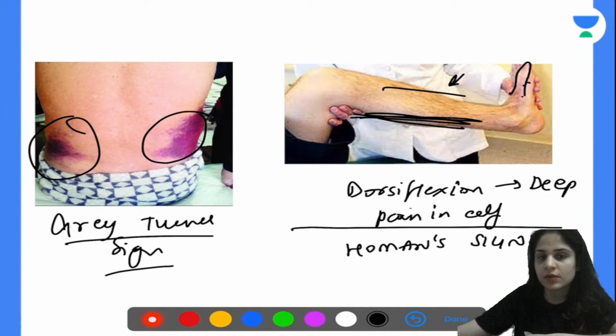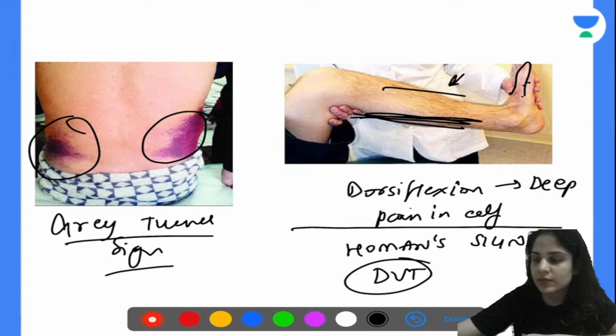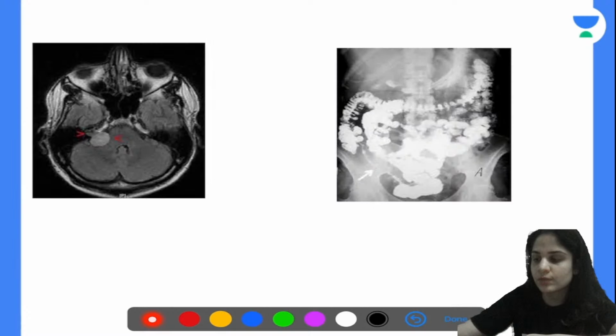All right. Now next, this is the CT scan of a patient, and you can see there is a tumor at the 8th nerve. This tumor is called an acoustic neuroma.